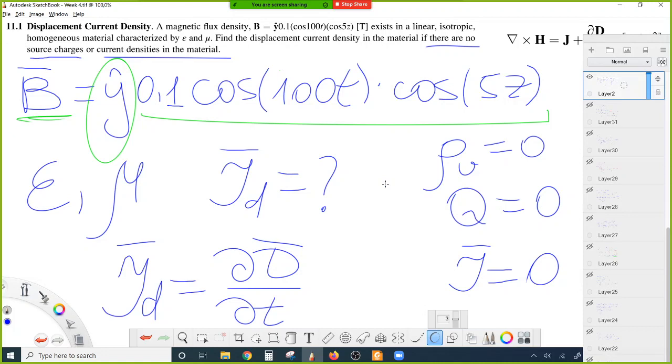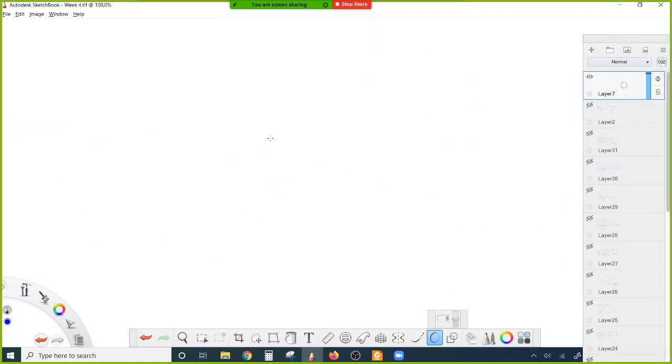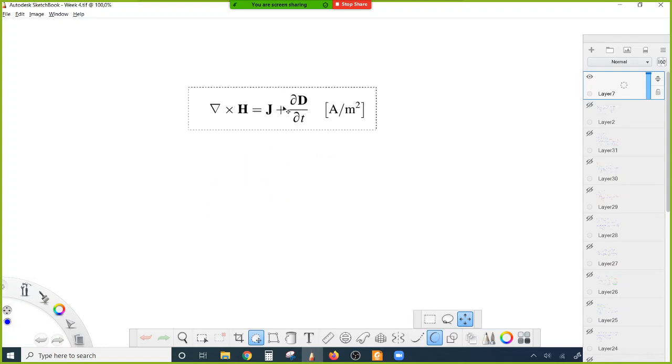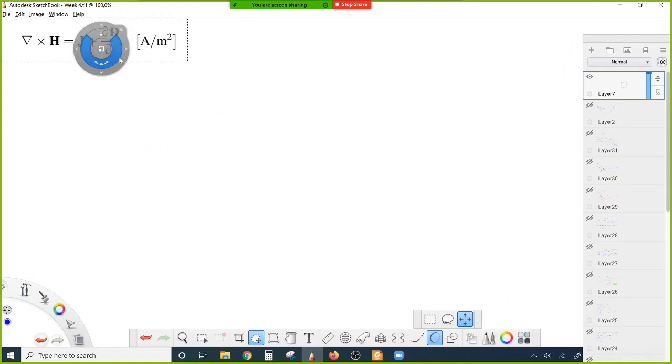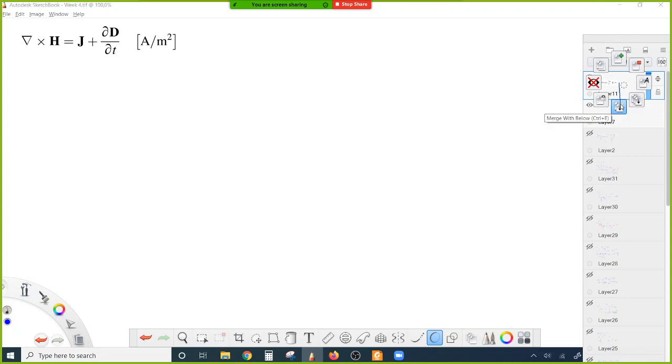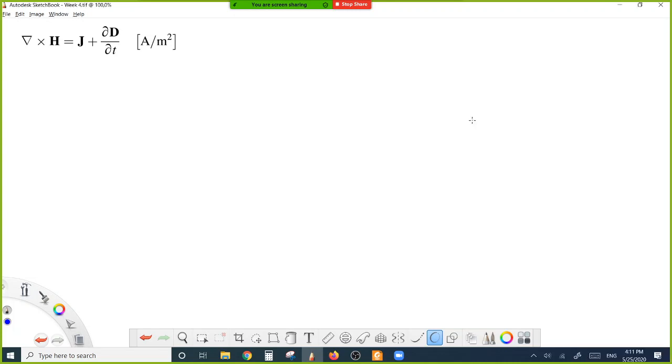Okay, let me go to a new page. If I put the equation here, from the problem this is equal to 0, and this is equal to JD.